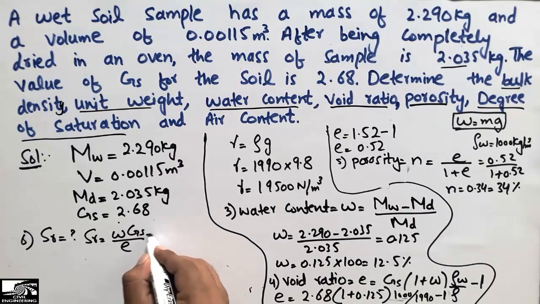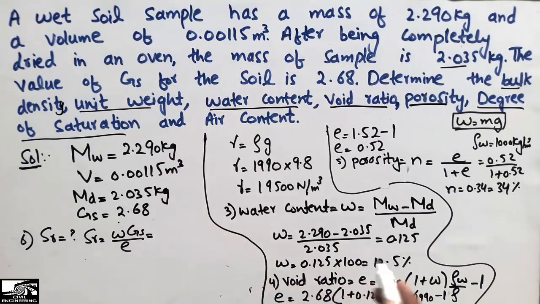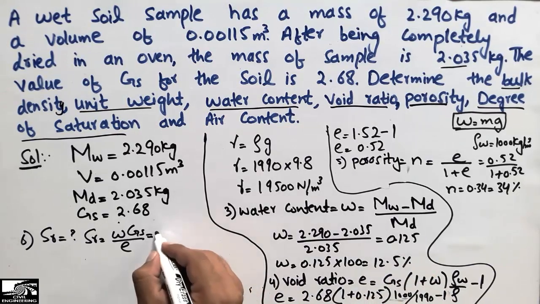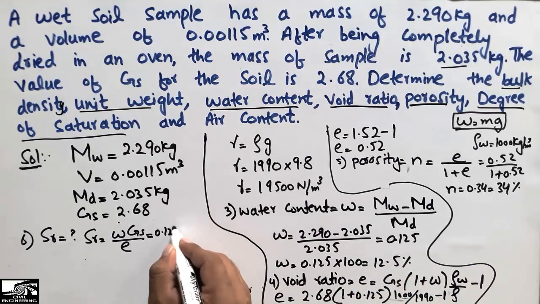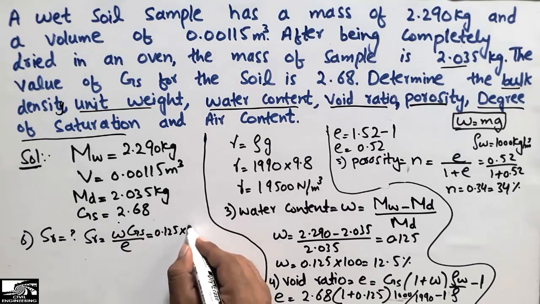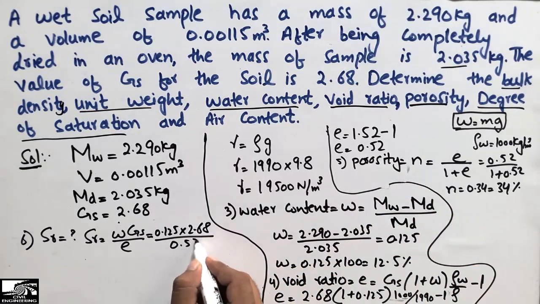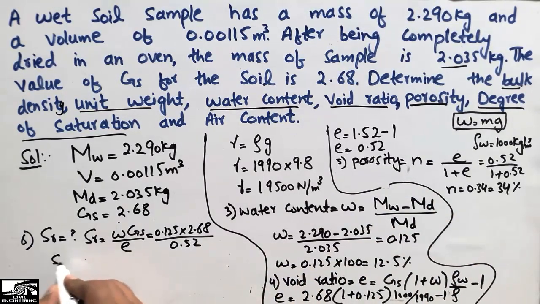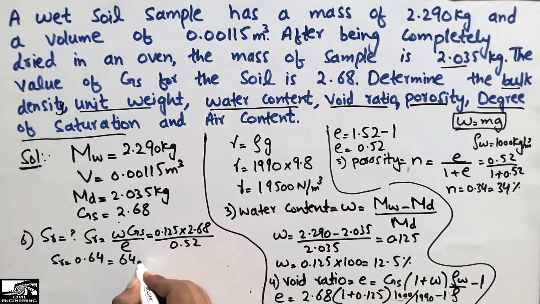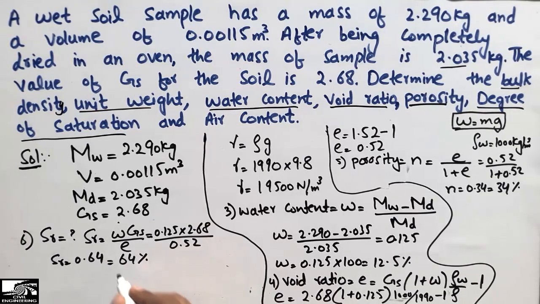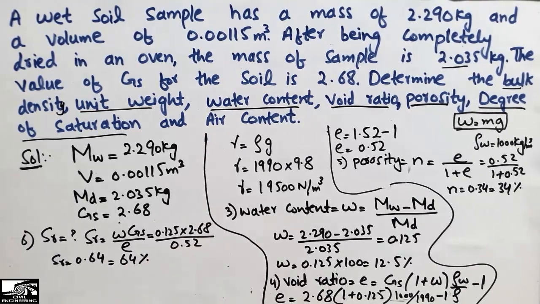So w is the water content, which I found here, 0.125, and Gs is the specific gravity of the soil, which is 2.68, divided by the void ratio, which is 0.52 here, right? So dividing by 0.52, I get the degree of saturation, which comes out to be 0.64. Multiplying it with 100, we get 64%, right? 64% is the degree of saturation of this soil sample.